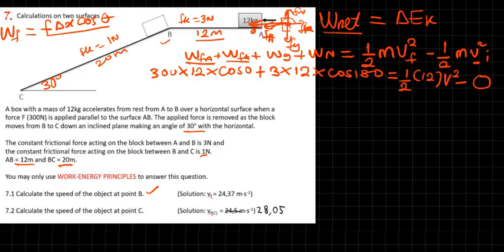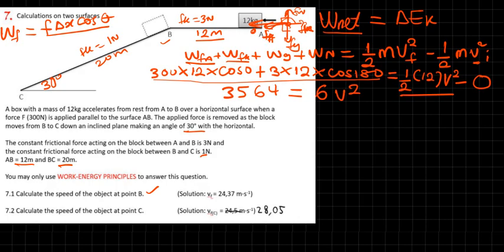So now if I put everything from this point to this point inside my calculator, I am going to have 3,564, which is equal to 6 V squared.